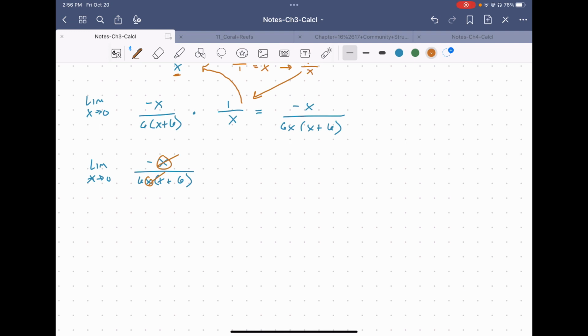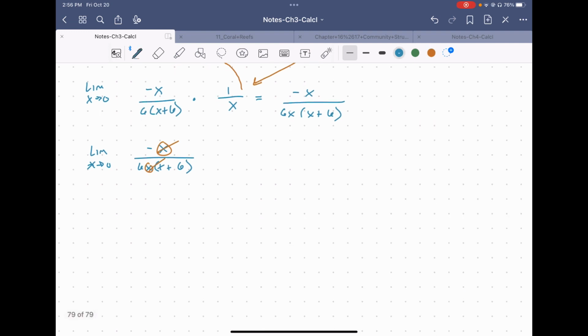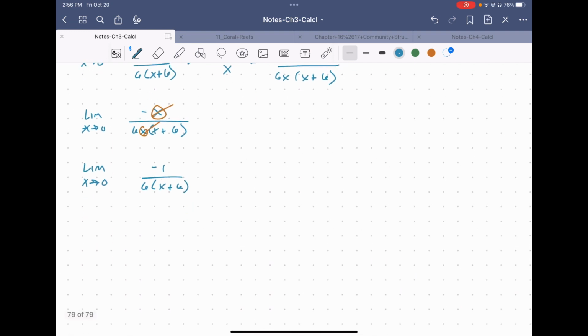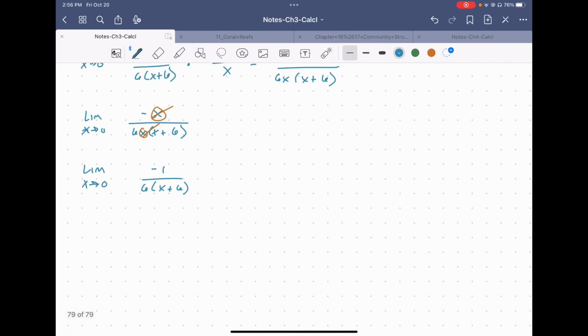We rewrite that, limit as x approaches 0. It may seem redundant to keep writing the limit, but it is a crucial step to remembering where you're at in the problem. So we are left with 6 times x plus 6. Now, we're not done at this point, but this is the most simplified form we can get it in. Well, we could distribute this out, but that's not necessary to this part of the problem.